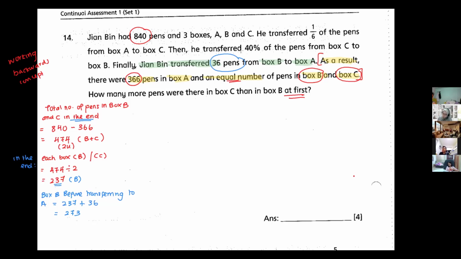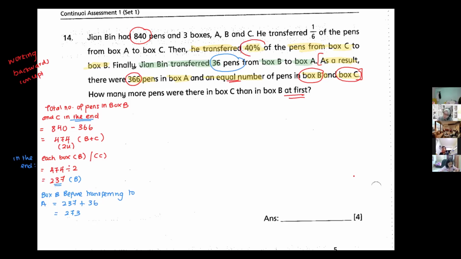Now we're going to move on to the next line. Then he transferred 40% of the pens from box C to box B again. So now we're still working with box B, but now from C to B. We go one step backwards again.